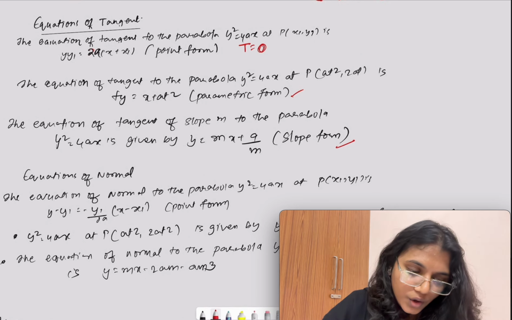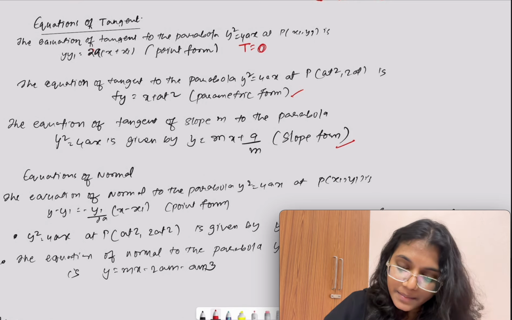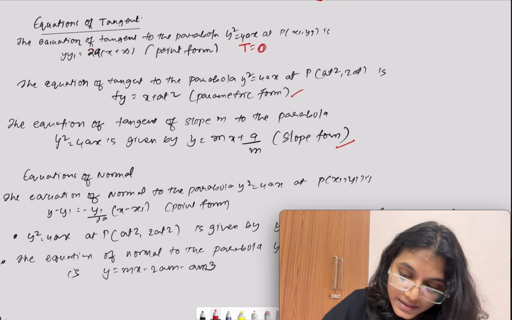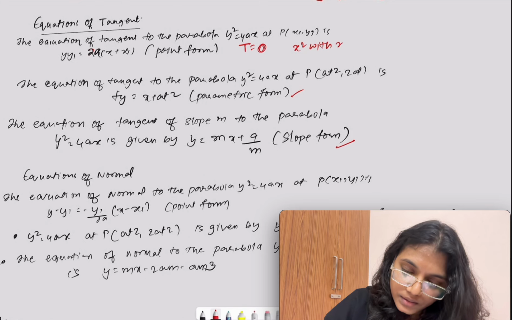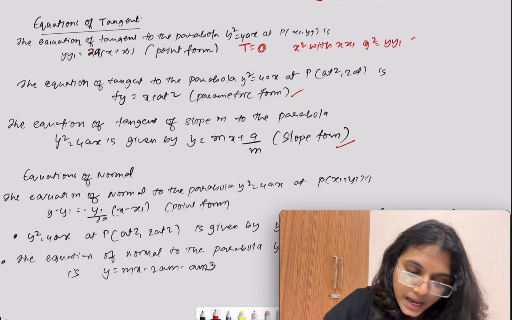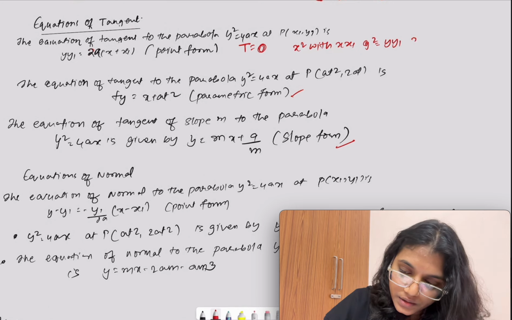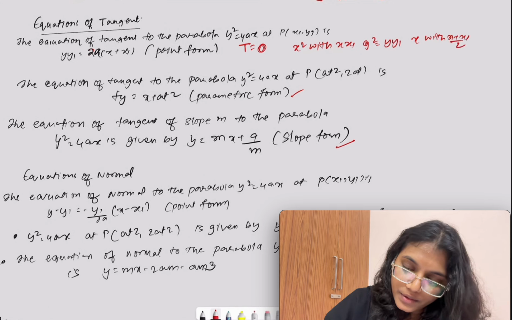From the equation of curve, we can obtain T by substituting x square with x x1, y square with y y1, x with (x plus x1) by 2 and y with (y plus y1) by 2.